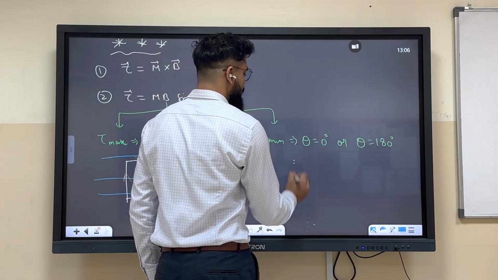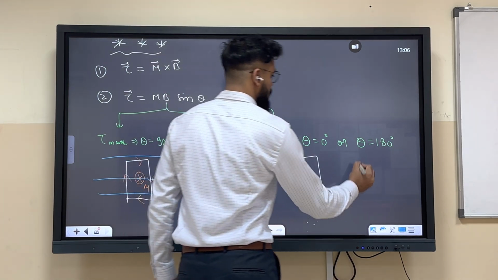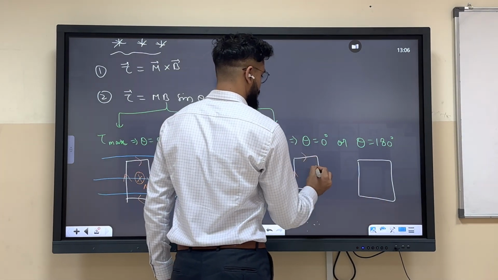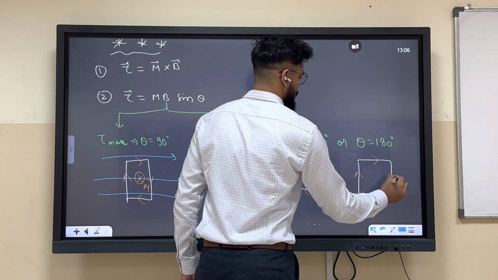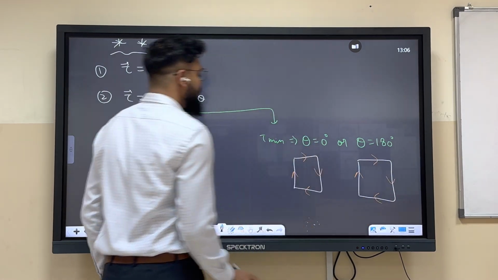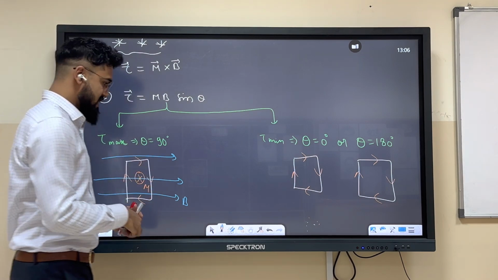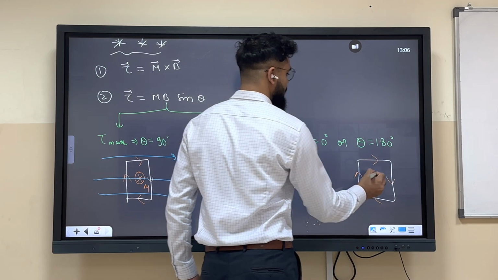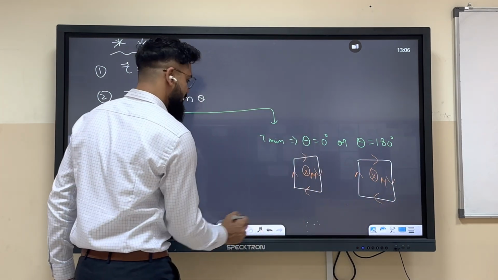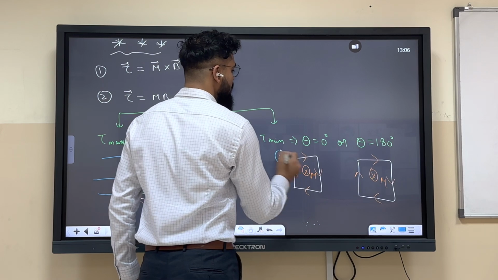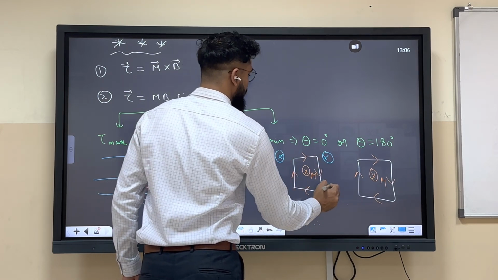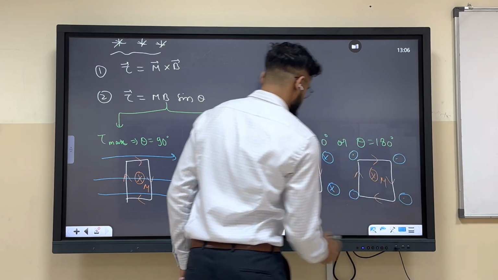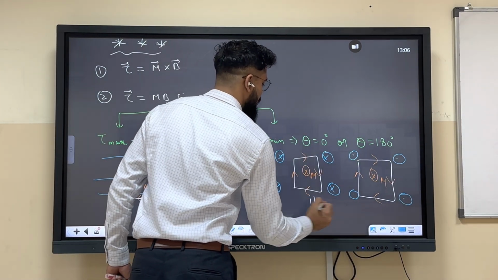Same diagram we can do. Two diagrams might come. M is inside for both of them, and let's say field is also inside in case 1. Over here, field is outside in case 2.